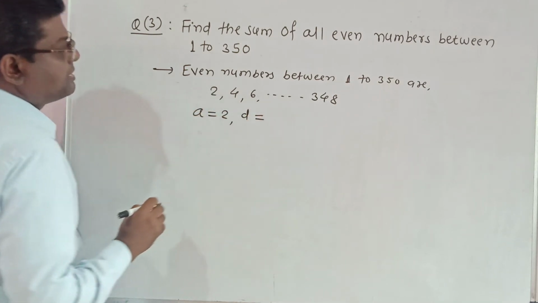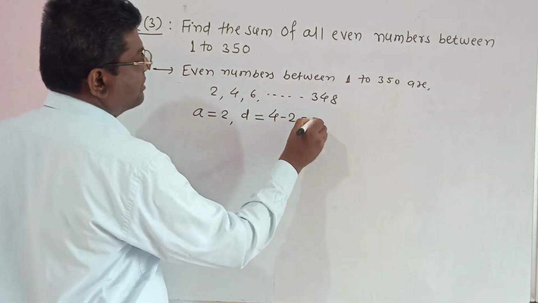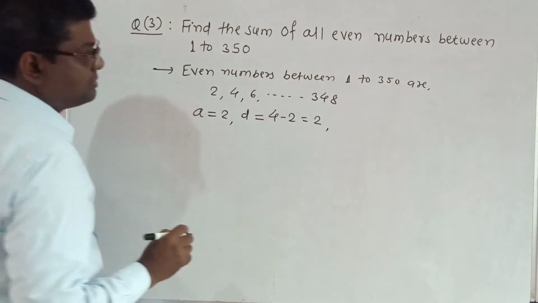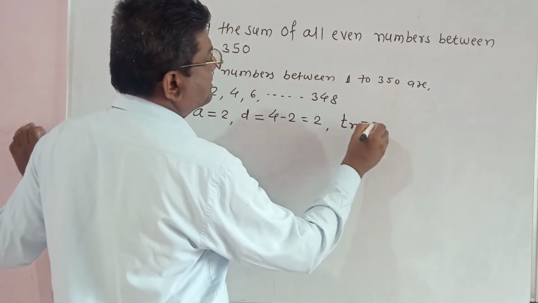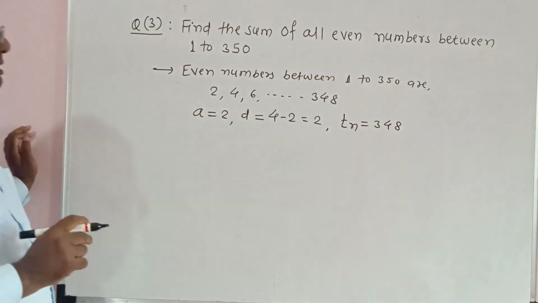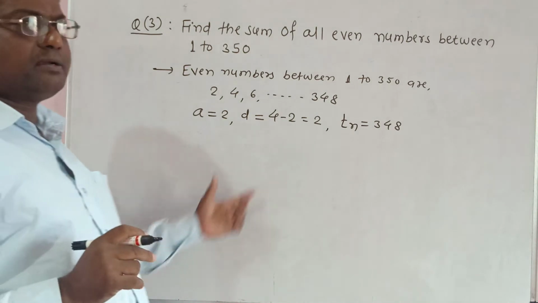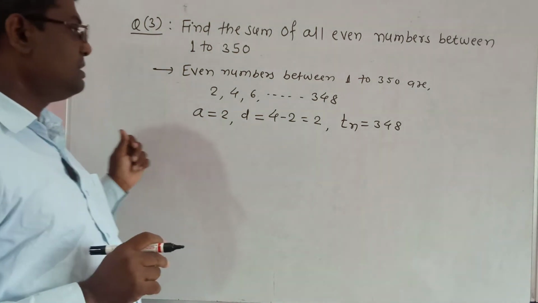Common difference is the second term minus the first term, 4 minus 2 is equal to 2. And the last term, that is tn, is equal to 348. Now we have to find at first the number of terms.